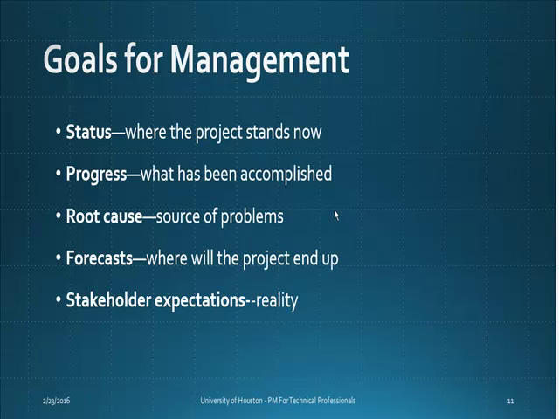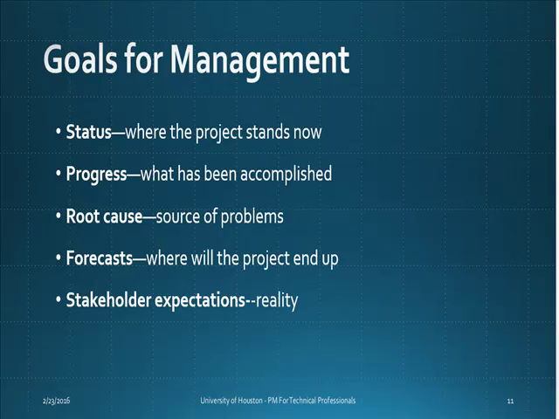And also they want to know whether you actually address the stakeholders' expectations, right? So those are all the important things that management wants to know. If we as project managers can handle all these 5 bullet points, then you will make your manager happy.